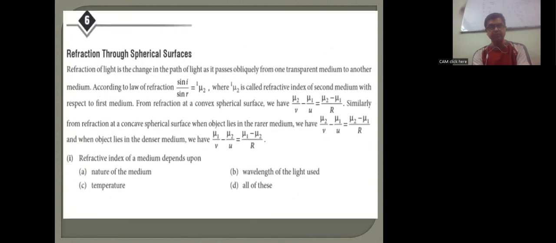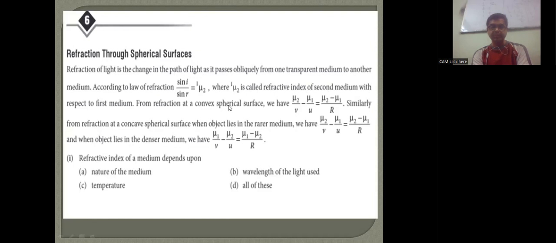Now come to the next case study. Refraction through spherical surfaces. Refraction of light is a change in the path of light as it passes obliquely from one transparent medium to another medium. According to the law of refraction, sin i by sin r is refractive index 2 with respect to 1, where refractive index 2 with respect to 1 is called refractive index of the second medium with respect to the first medium.